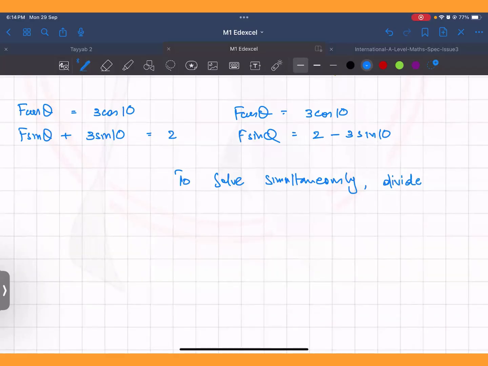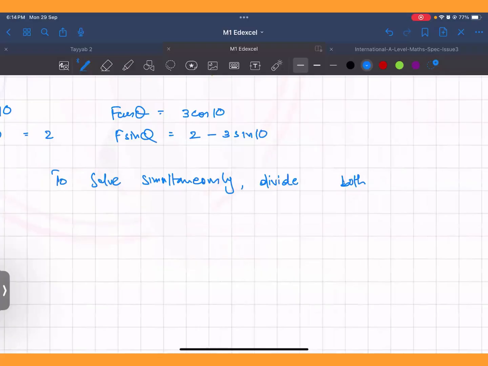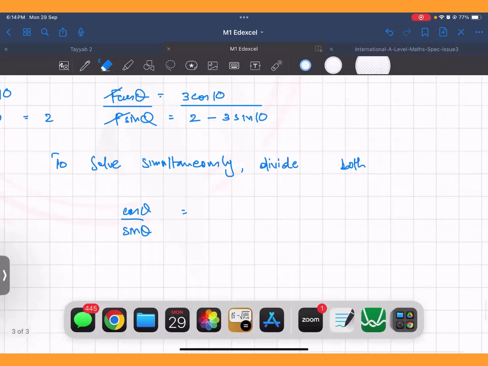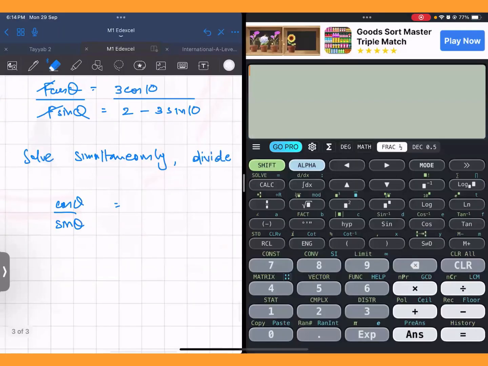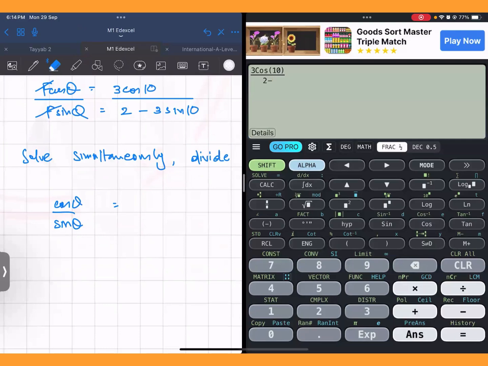So this would be this and this would be this. You will get the f and the f would cancel out. So you will get cos over sin equals 3 cos 10 upon 2 minus 3 sin 10.